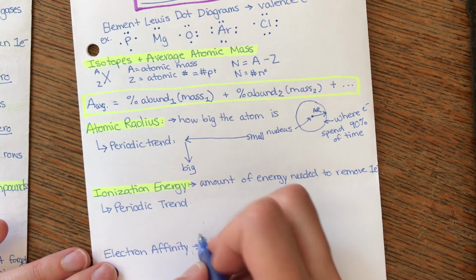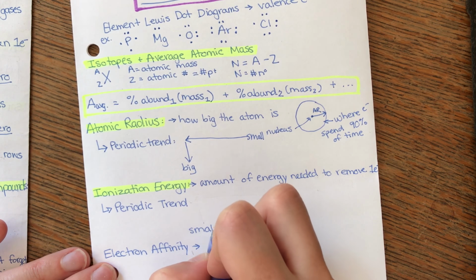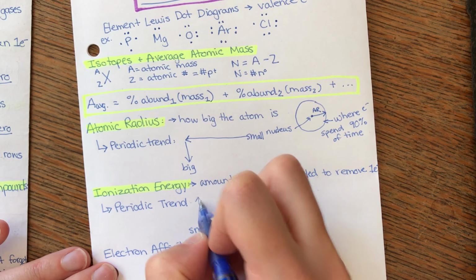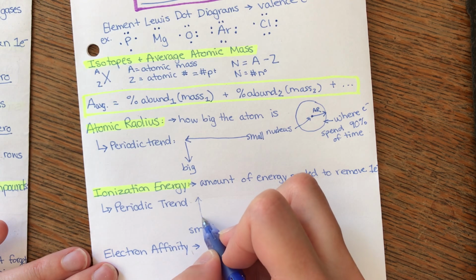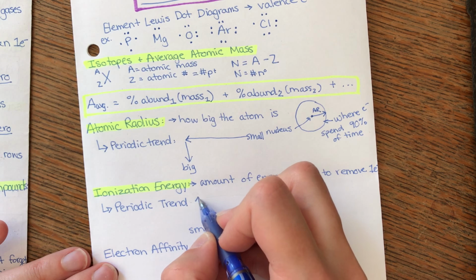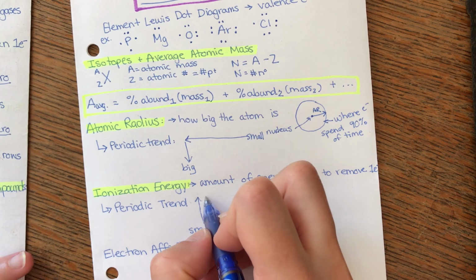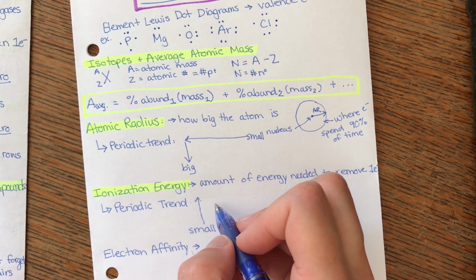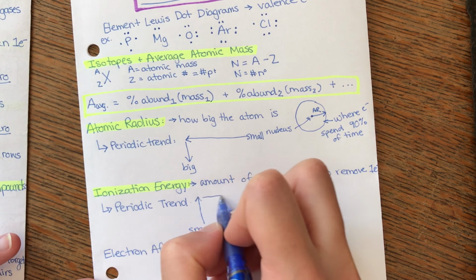And the periodic trend goes from small, and it increases as you have fewer shells, because it's harder to remove an electron as it gets closer to the nucleus.